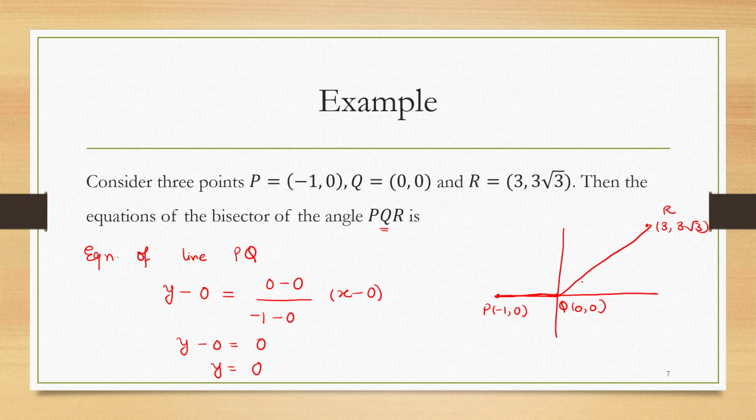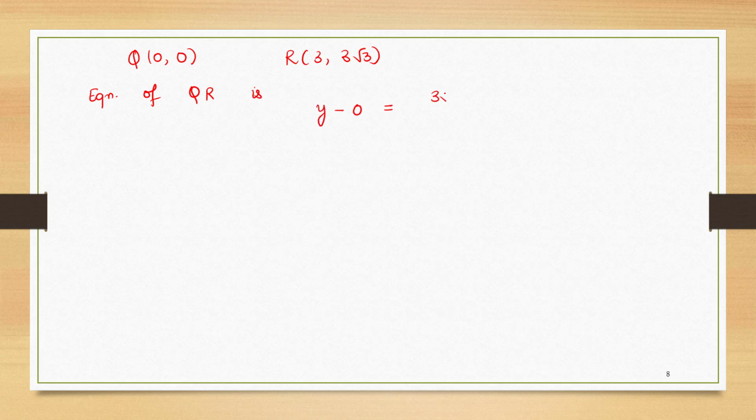Now we will find the equation of line QR. So coordinates of Q are (0, 0) and R are (3, 3 square root 3). So the equation of QR is given by, again, y minus y1 is equal to (y2 minus y1) upon (x2 minus x1) into (x minus x1).